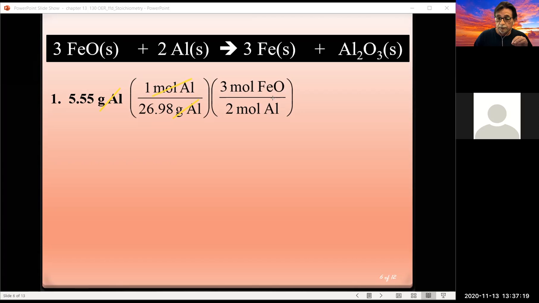My moles of aluminum cancel out. And I went from grams of aluminum to moles of iron 2 oxide.